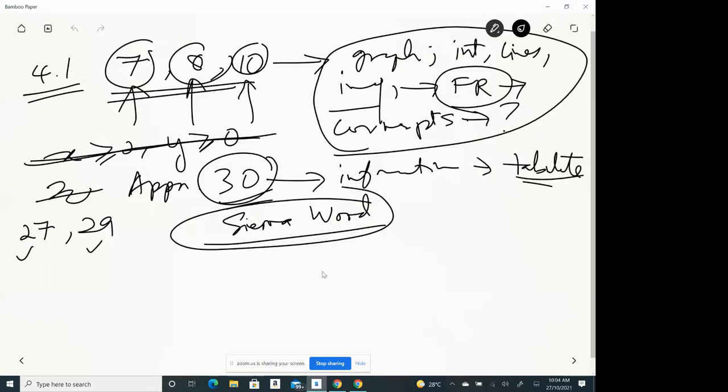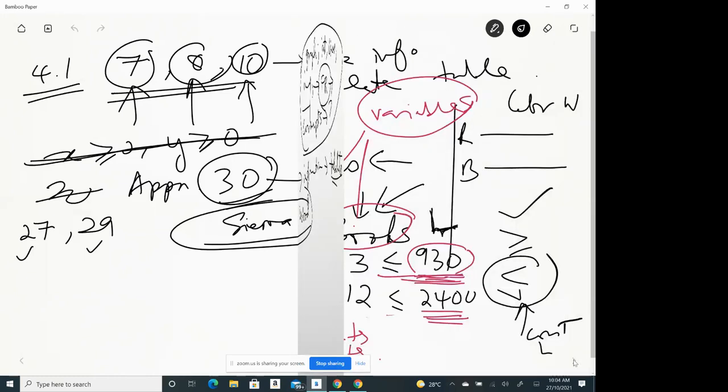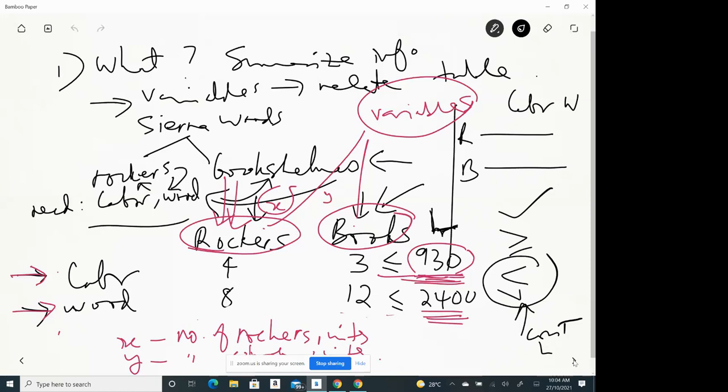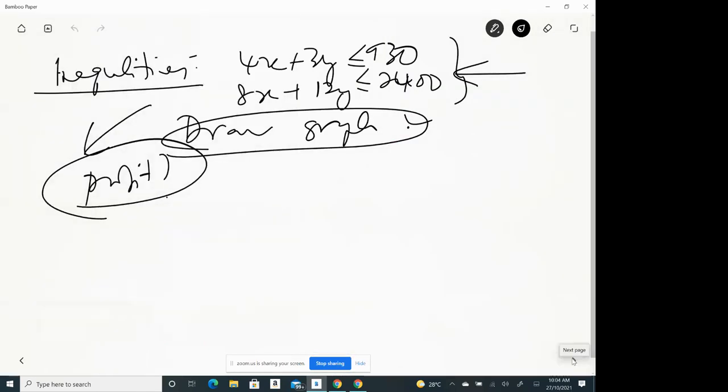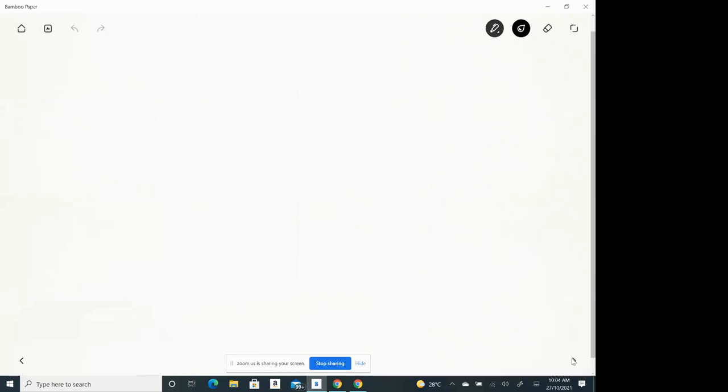Okay, so this is where we stopped last time, and then we will continue. Today we are going to look at the system of, we already have looked at the system. We're going to look at the optimization problem. So today, optimization problem is the application that we're going to look at.